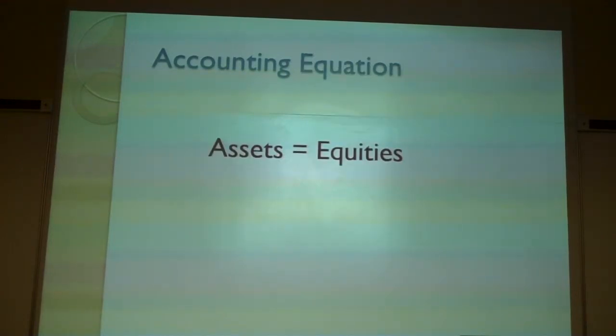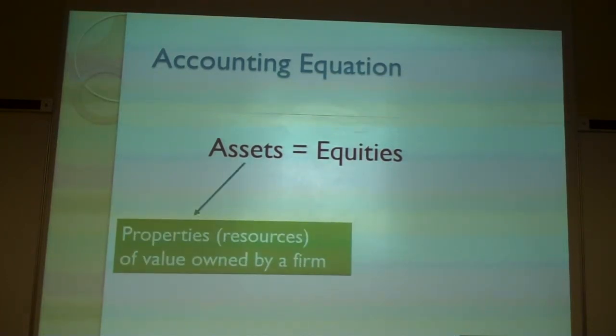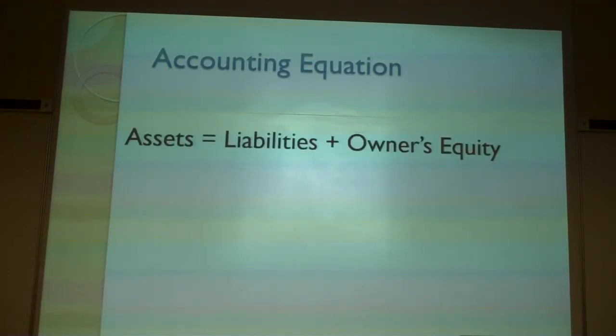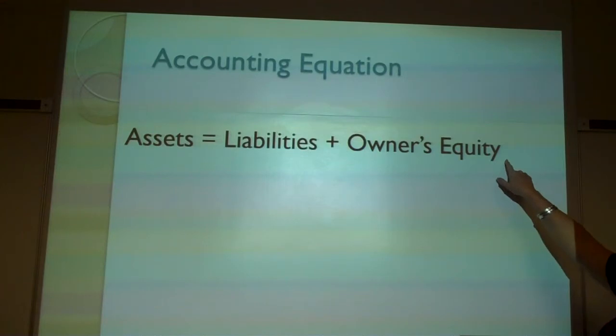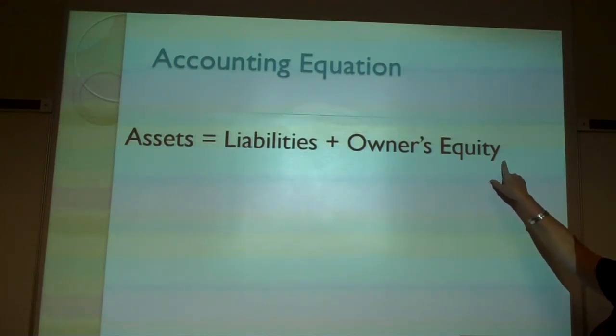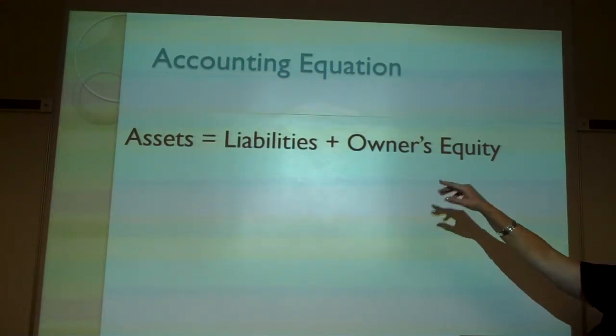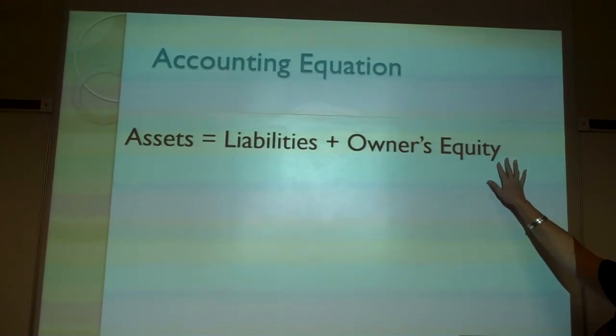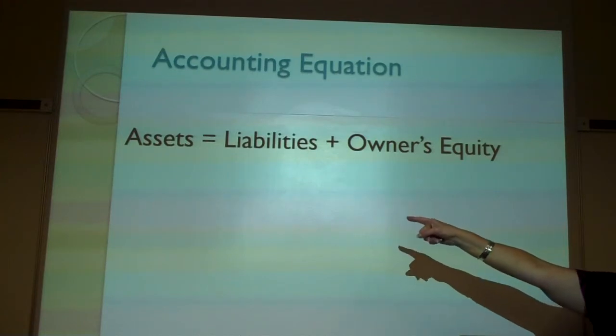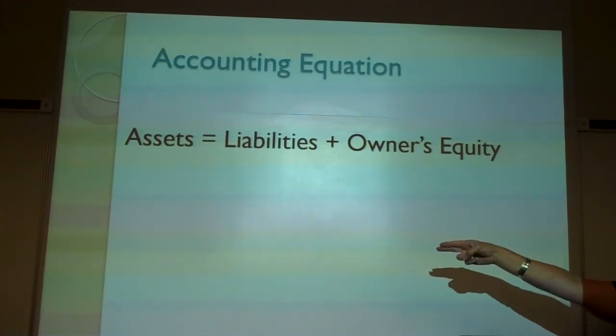Our accounting equation started off with assets equals the equities, but it's really assets equals liabilities plus the owner's equity. That always has to be in balance. This is our goal forever, to make sure that this equals. If we do something on the left side, we have to do the same thing on the right side. Now, some of our transactions just affected the left side, the asset side.